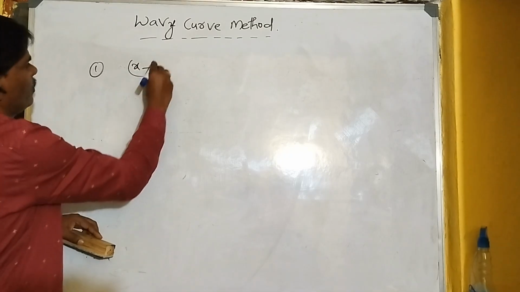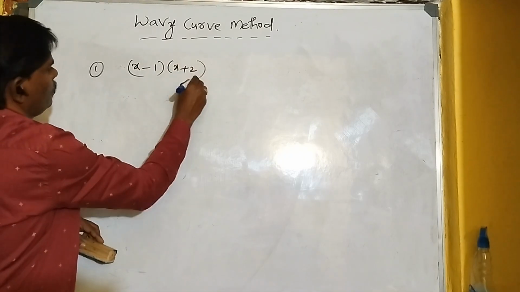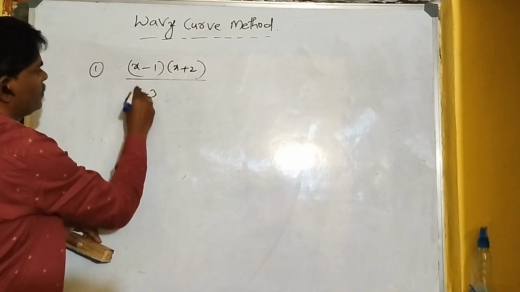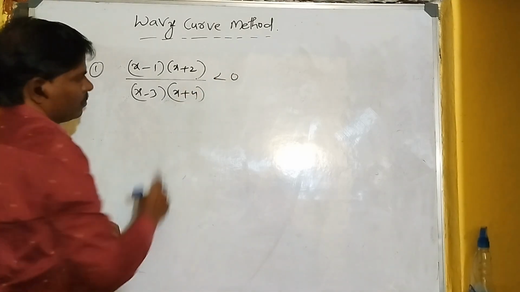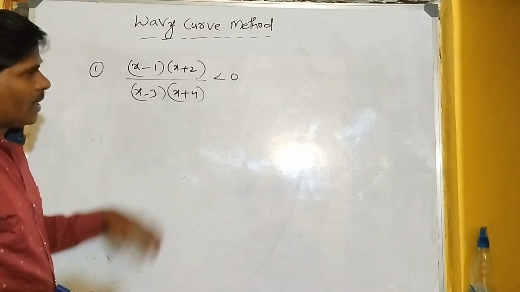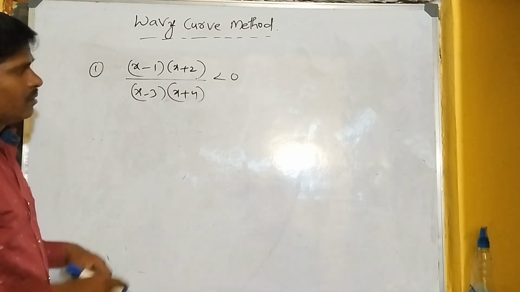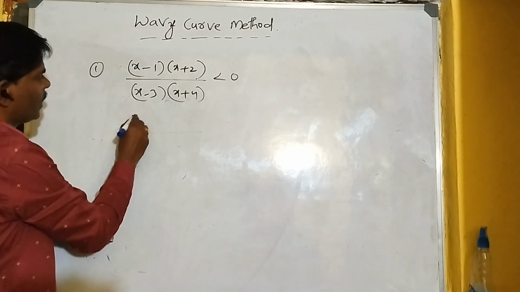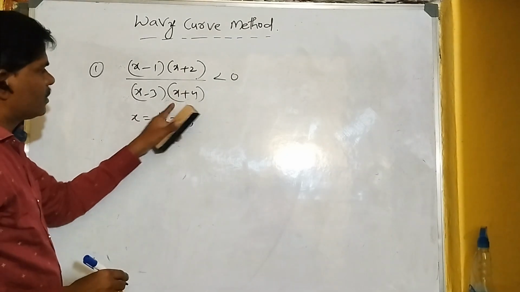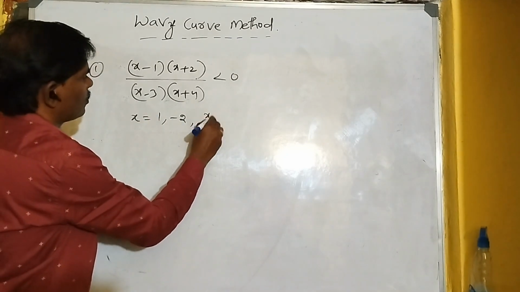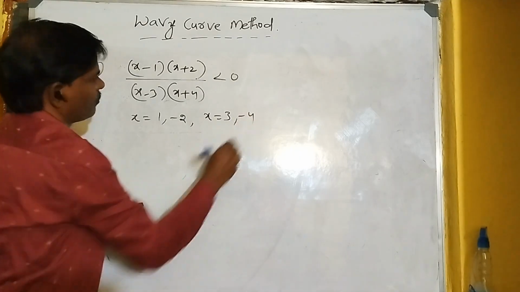X minus 1 into x plus 2 by x minus 3 into x plus 4 less than 0. Okay, in this case what are the x values? This is equal to 0. X is equal to 1 comma minus 2. Next, in the downside the values are x is equal to 3 comma minus 4.